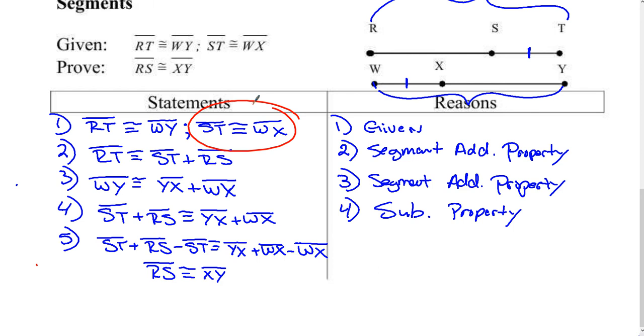And if I subtract 5 from both sides of my equation, I come up with the subtraction property. So for step 5 right here, I'm going to say subtraction property.